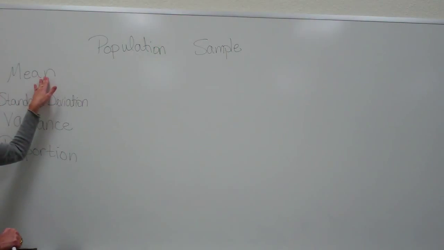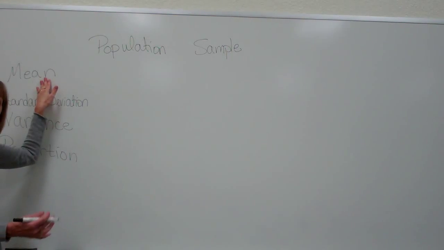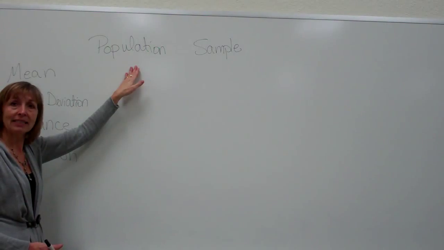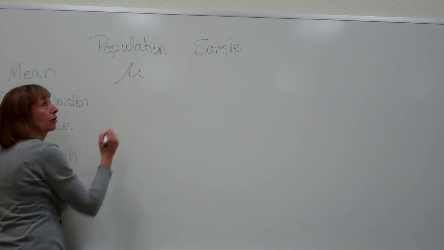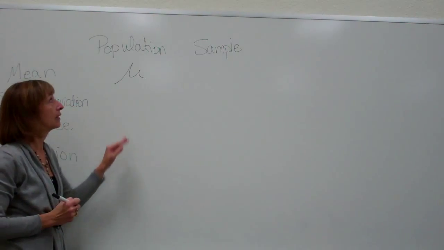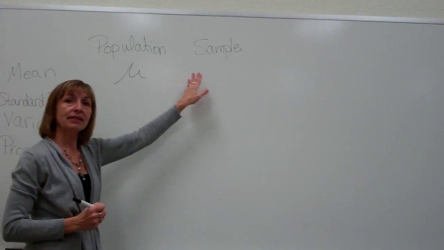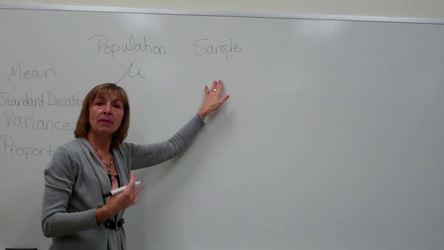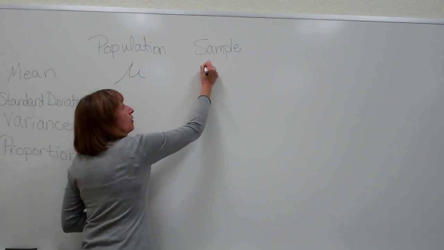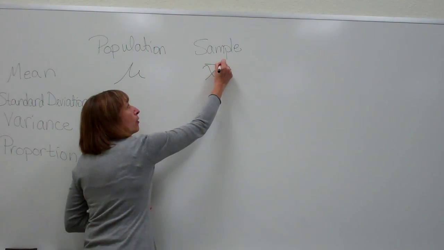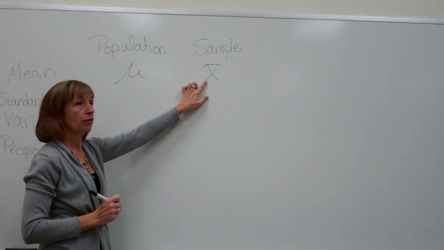When we're talking about the mean of our data, we add them up and divide by how many values we have. If it's the mean of the entire population, it's symbolized as the Greek letter mu. If we're talking about the sample mean, calculated from a subgroup of our population, it's denoted with an X with a bar over top of it.